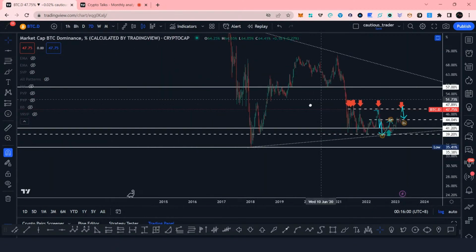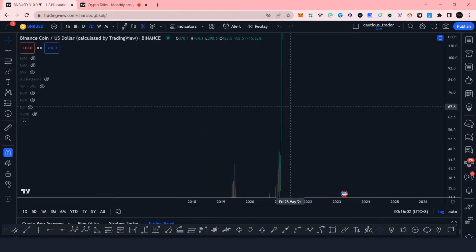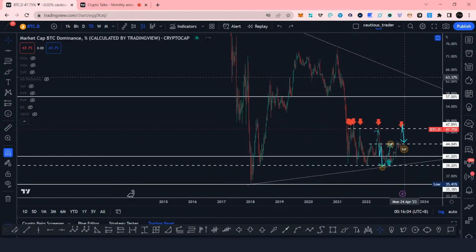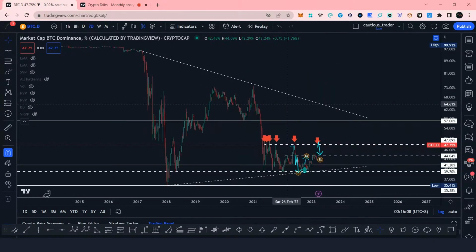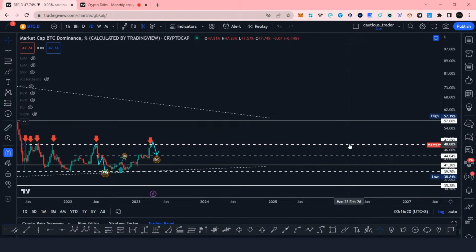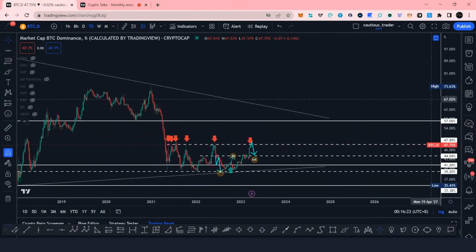Bitcoin dominance talaga. Ay, sorry. What happened? So, I wonder what's gonna happen if it retests this one. Syempre, it's bullish for Bitcoin and it might hurt the altcoins. So anyway, let's see.